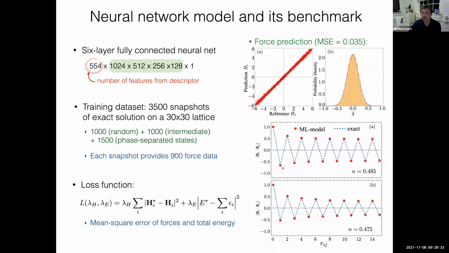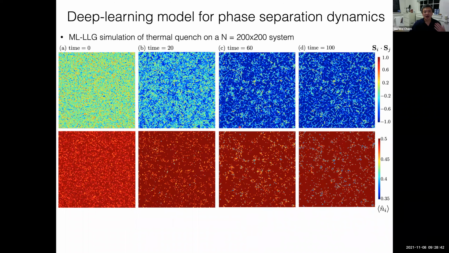You can see that the agreement between the machine learning model and the exact simulation is pretty good. So now with this benchmark, we apply this machine learning model to simulate the phase separation phenomenon of this double exchange model on really big systems.